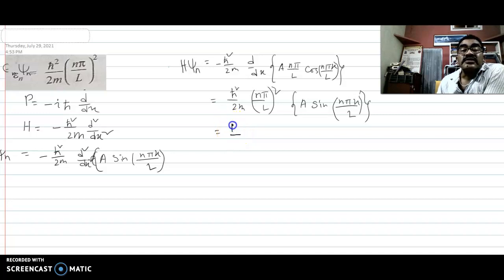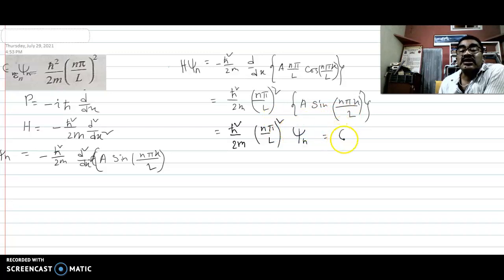So h cross square by twice m remains, times n pi by l whole square, and what is inside the bracket we can write as psi n.